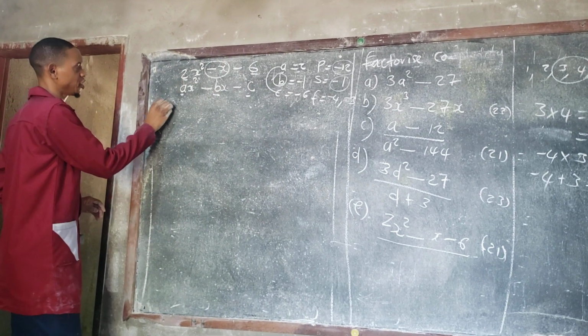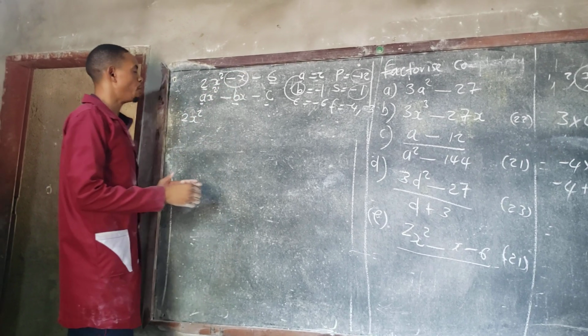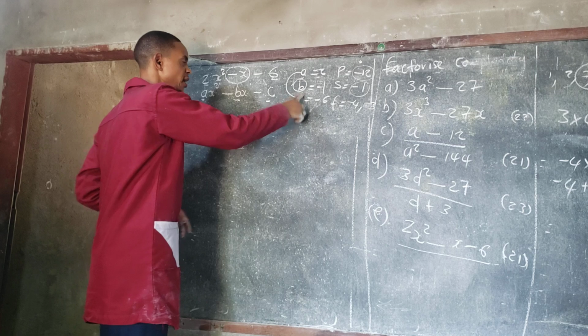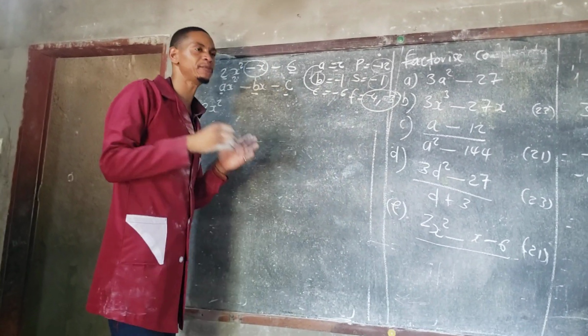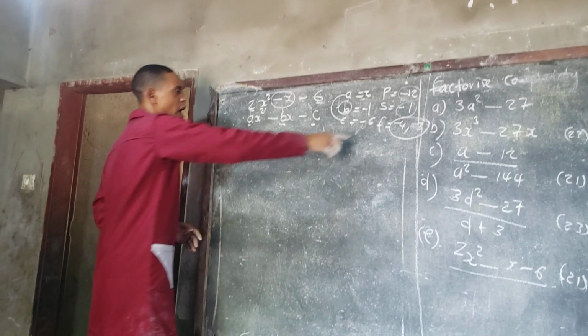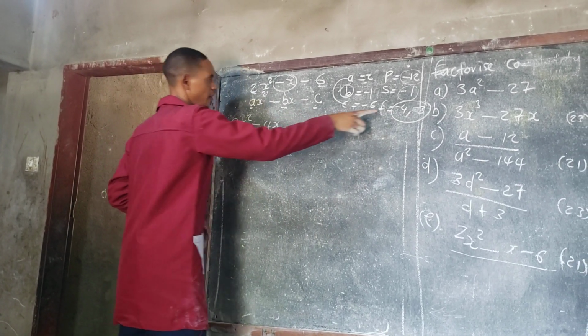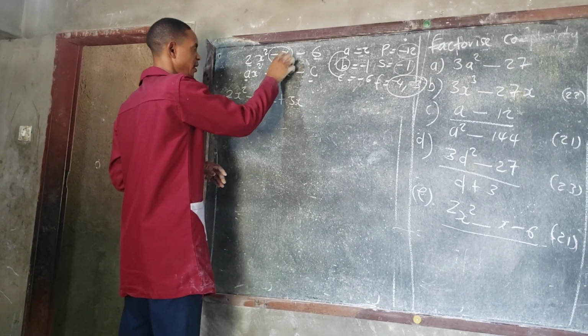I'll bring my equation as 2x squared. The sum here, the b, will be substituted by these factors. So I'll have my factors there: negative 4x, and then positive 3x. Don't forget, because it is x.